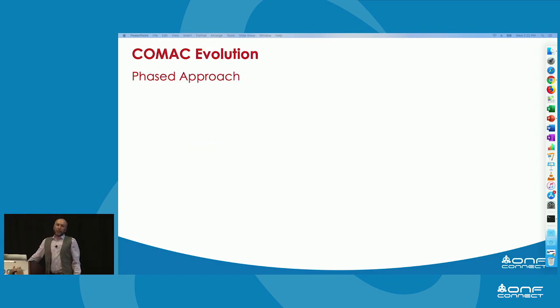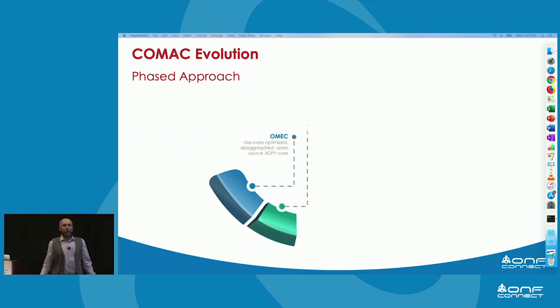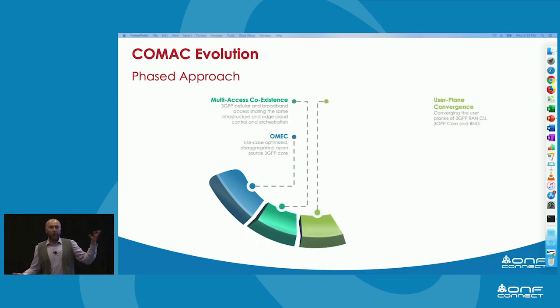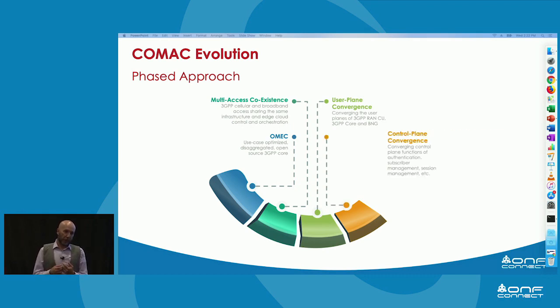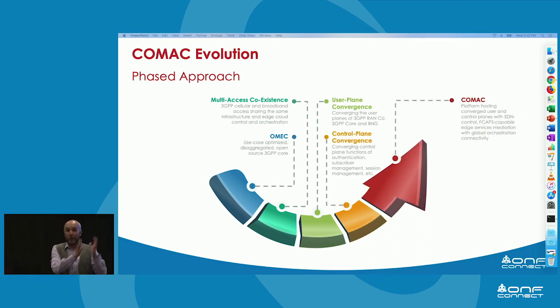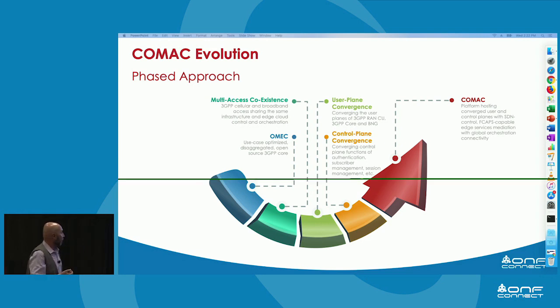So this is an ambitious project, and potentially it's a big one. So at ONF, the ecosystem has decided to take this on in a phased way. The first step would be to get the mobile core up to speed from an open source perspective. That means focusing on OMEC first, taking that to field trials, making sure that we have a stable foundation.